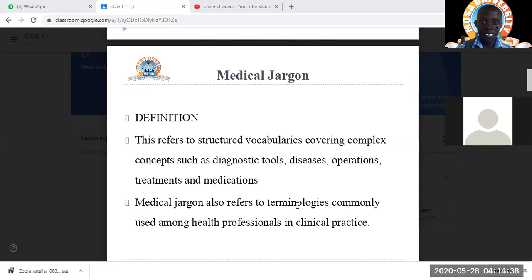The language that doctors, clinical officers, nurses, and other health professionals use to explain diagnostic tools, diseases, operations, medicines, and treatments, that is what we call jargon. If the question comes to define medical jargon, I expect you to write words like terminologies commonly used among health professionals in clinical practice.